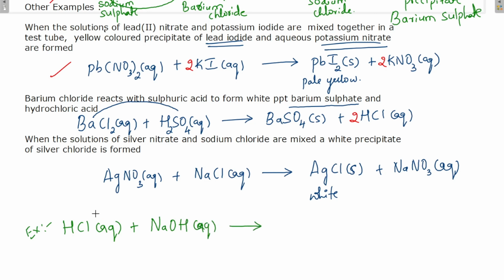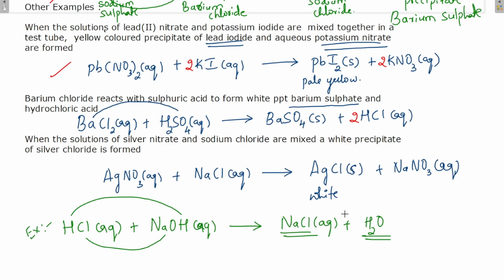There is exchange of ions between these two reactants to form NaCl, which is soluble in water, and there is formation of water here. This is a reaction between acid and base to form salt and water. Here there is no formation of precipitate. Never think that precipitate is always formed in a double displacement reaction. There are many reactions where there is no formation of precipitate. You should also remember this point.